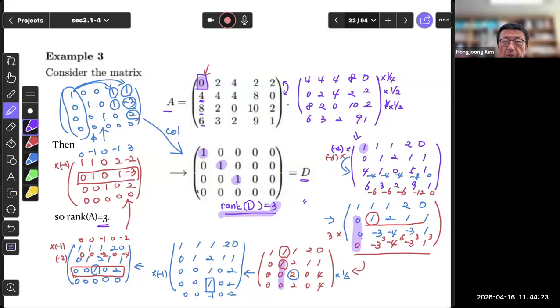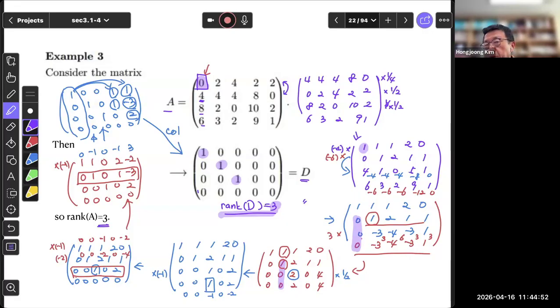The theorem claims that, please note that even though I'm using an arrow, D can be written as a product of A with many elementary matrices from the left or from the right, right?